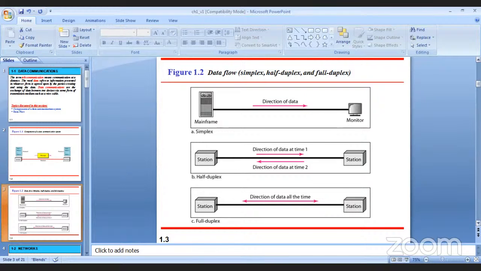See, in the PPT it is written simplex mode. So simplex mode is always one direction.